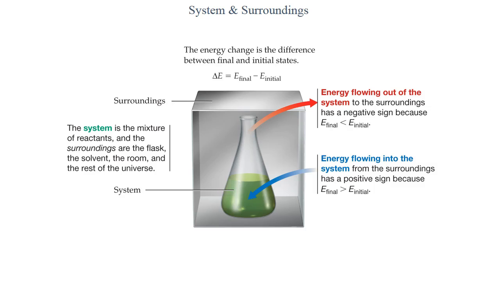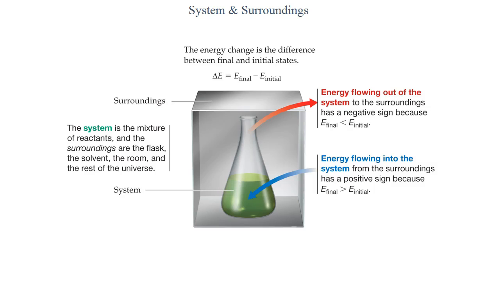We can define the system in different ways, but often the system for us is simply the reaction that takes place, and the surroundings is basically everything else. Even if the reaction takes place in water, if the water molecules are not a part of the reaction, which often they are not, they're considered the surroundings.